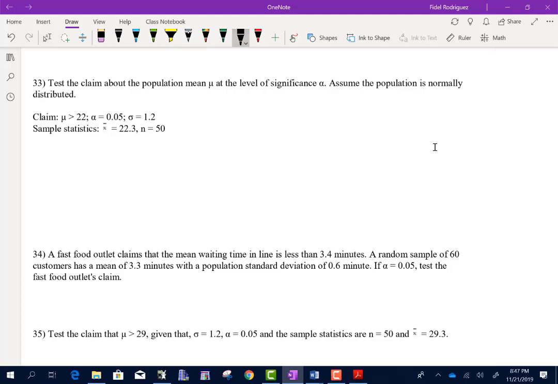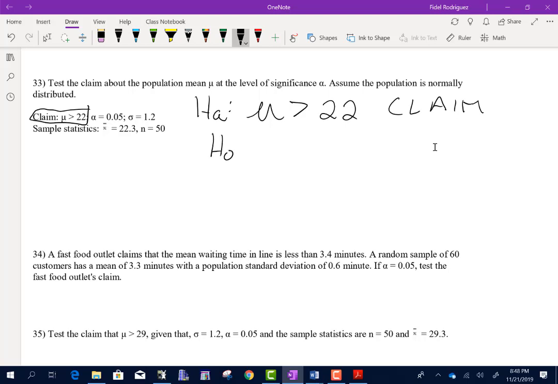They're already giving me some information here. They're saying that mu is greater than 22, which is our claim. Is that my H0 or my HA? That's our HA, right? So our H0 is going to be that mu is less than or equal to 22.